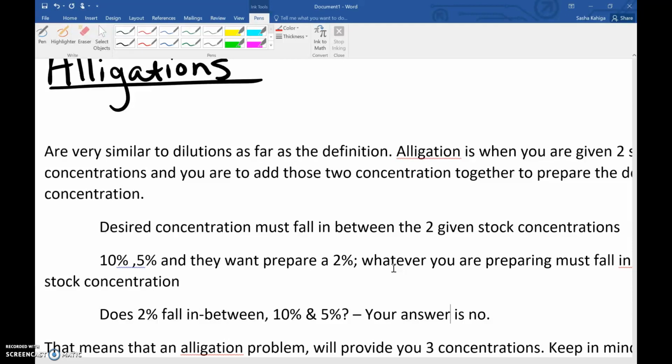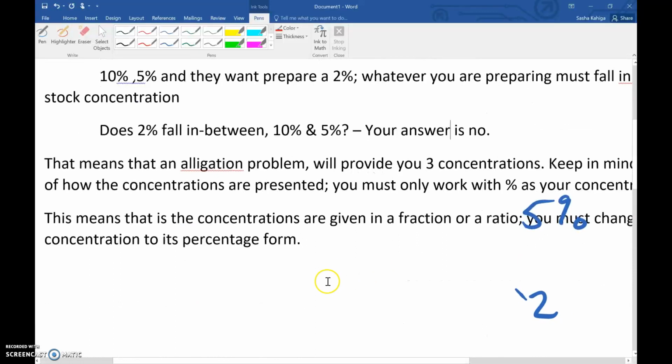You can make a 6% cream using a 5 and a 10. You add the two together. You can't make a 2% adding a 5 and a 10%. That just doesn't make any sense. So I want you guys to also keep that in mind.